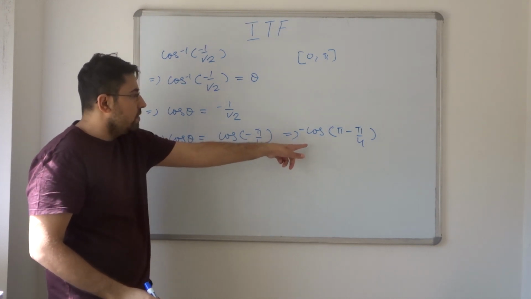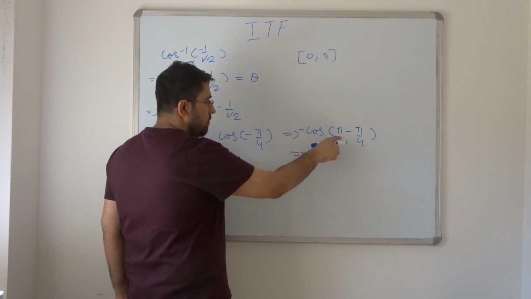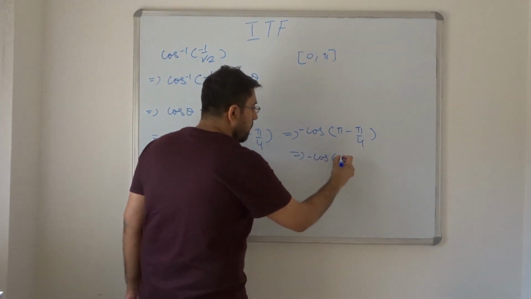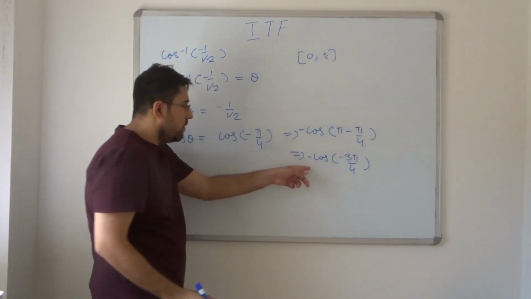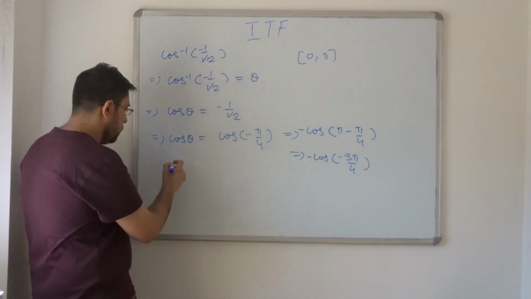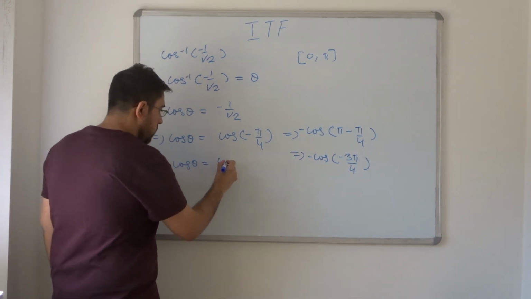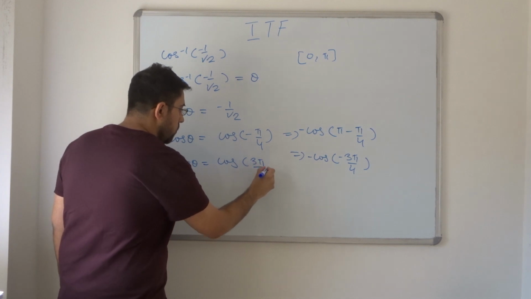And then now you're going to have cos pi, and then you're going to have negative cos negative pi by 4. Okay, so remember, negative and negative become positive. So since negative and negative become positive, this is going to become 3 pi by 4.